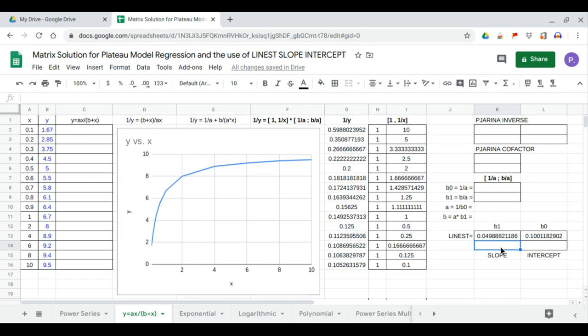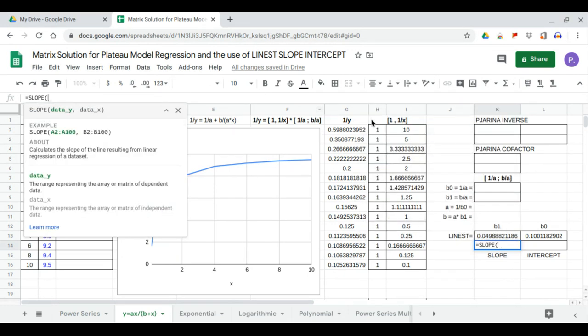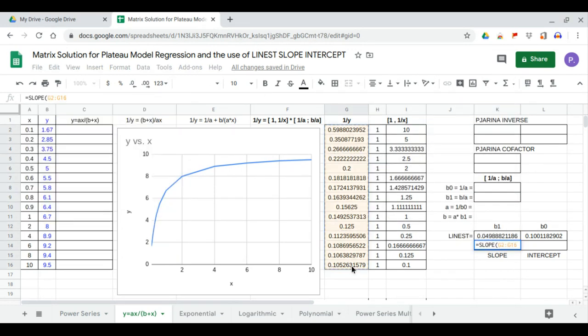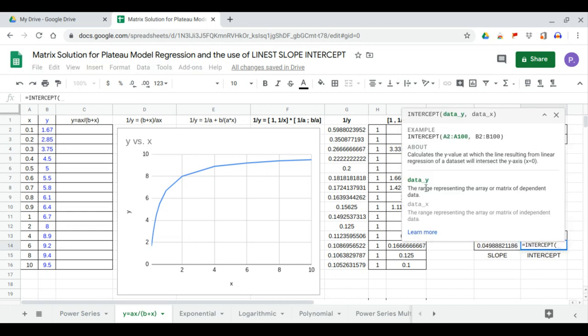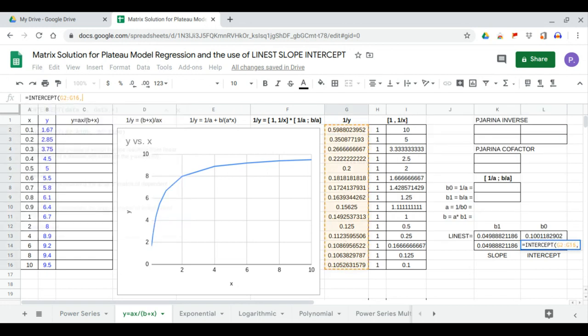For b1, we can use slope with data y and data x, and they match. We can also use intercept with the transformed data y and data x, and it also matches the value of b0.